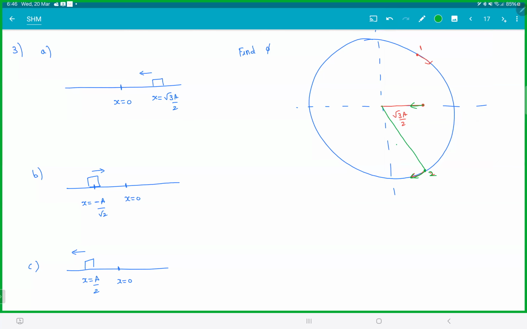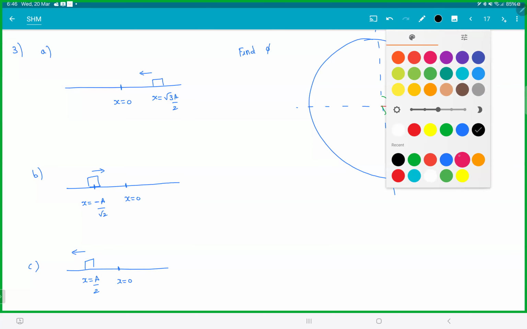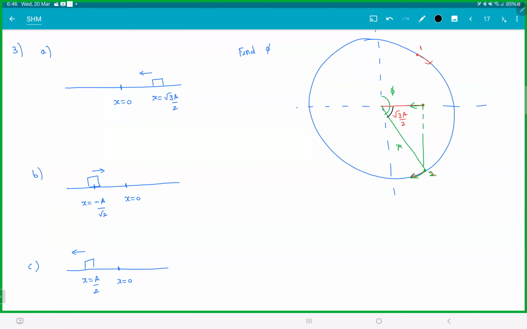Make sense? That is how you figure out whether the point is up or down. So from here to here, it is a. Remember, the phase angle is this. If that is root 3a by 2, this angle here will be how much? Since cos theta is root 3 by 2, that is 30. Yeah, I messed up something.